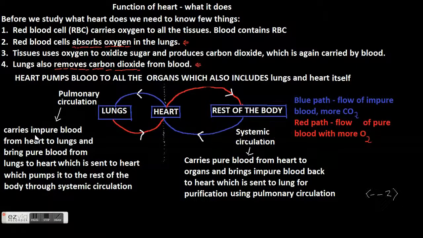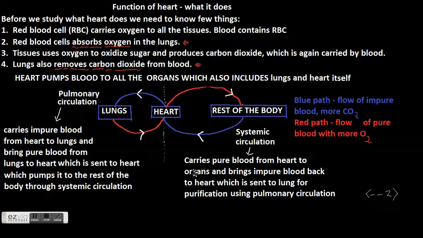It means it carries impure blood from heart to lungs and brings pure blood from lungs to heart, and this pure blood will be pumped by the heart to rest of the body using systemic circulation, and this systemic circulation is shown on the right side.